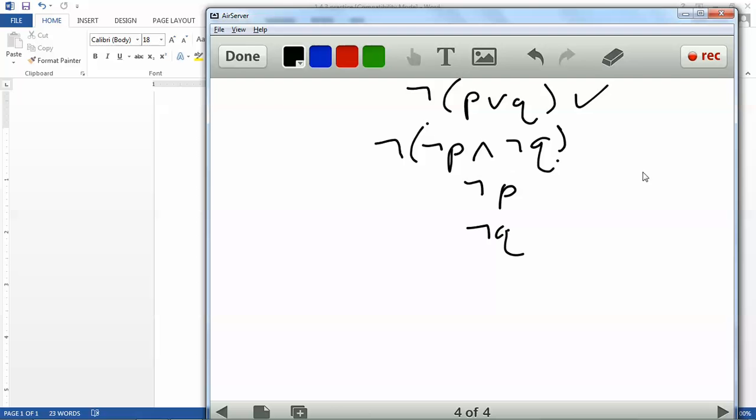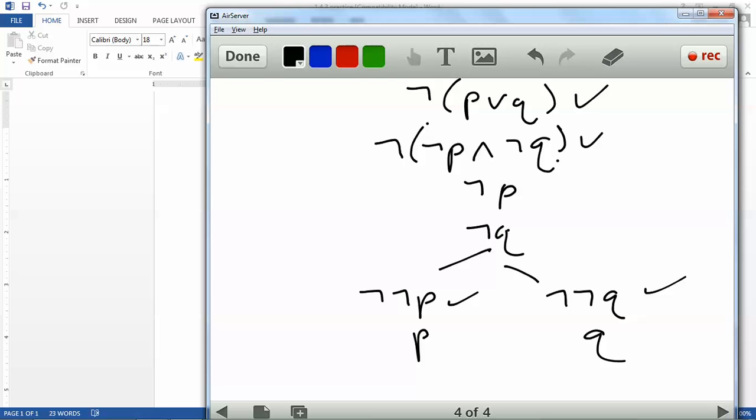So that's what this is, and we will split that out, and it's going to be not P, not Q. Notice it's not P, and you're saying that's false, so you're going to say not P, and of course not P turns into P, not Q turns into Q. Checkity check check. Now I look for contradictions. P and not P contradict, Q and not Q contradict. On both sides we have closed branches, valid.